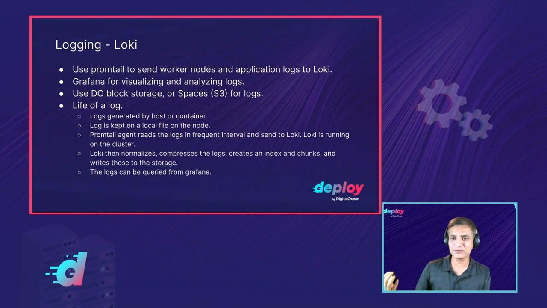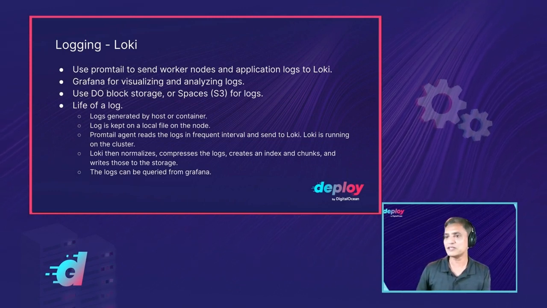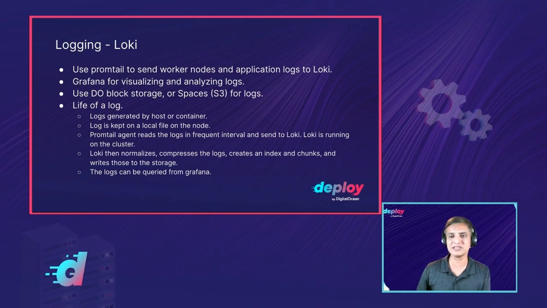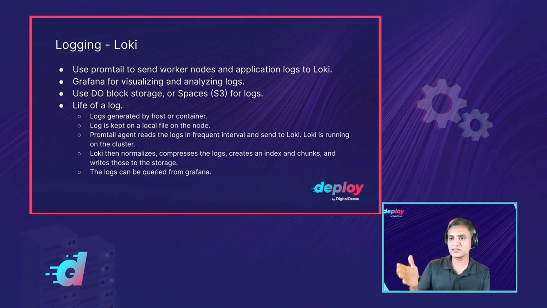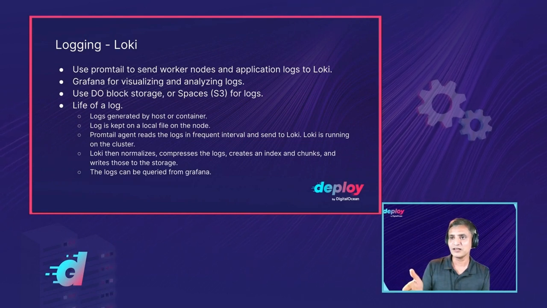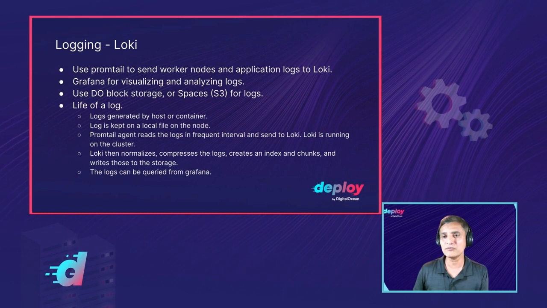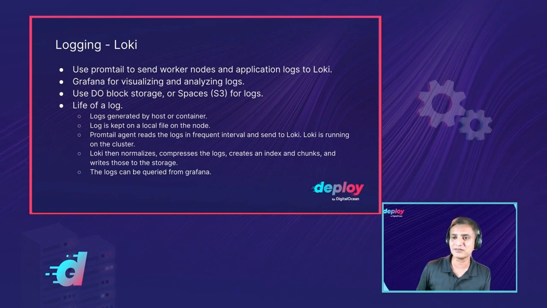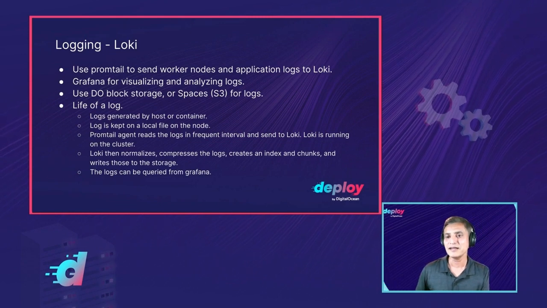So now you have a very powerful logging system, where you are able to search for logs based on which pods, which time duration, and all of that, because that is indexed. And then once you search for the logs, Loki retrieves that from Spaces or an S3 bucket. So over the long term, the overall cost of ownership is going to be significantly lower.